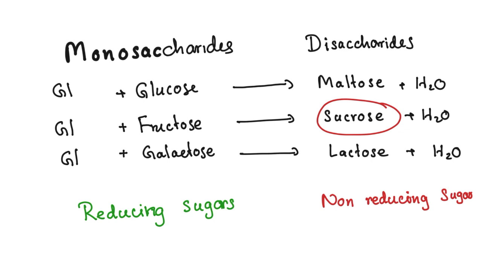So they are called reducing sugars. A non-reducing sugar does not have a free aldehyde or keto group, so they cannot donate electrons.